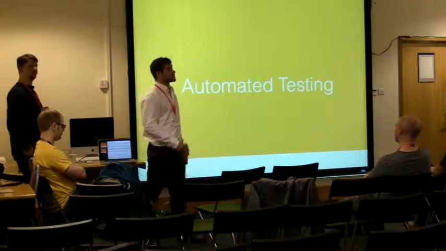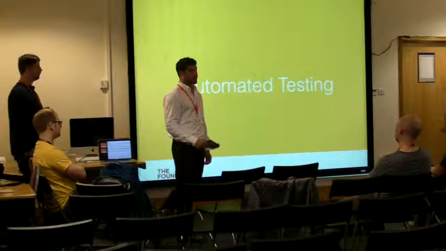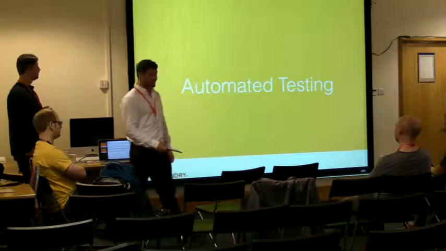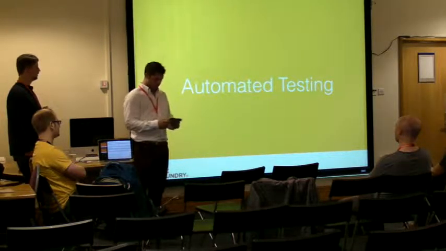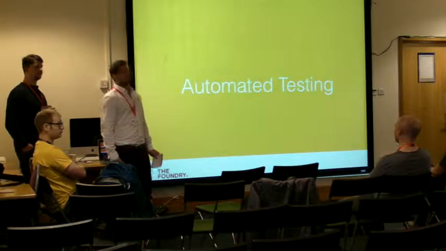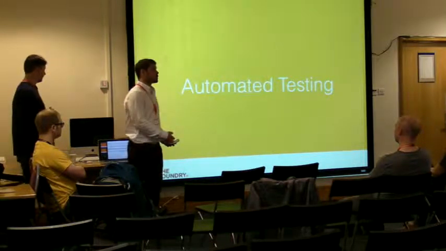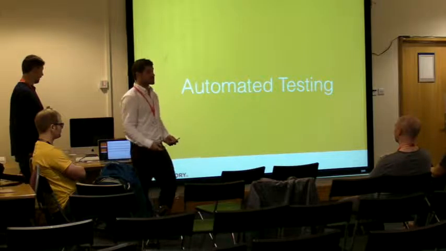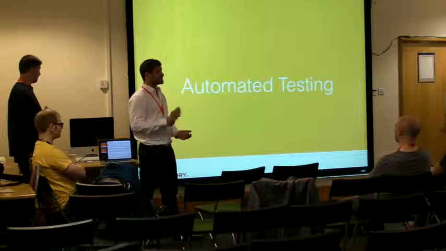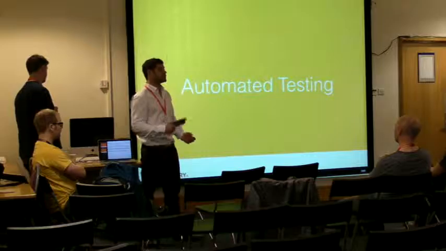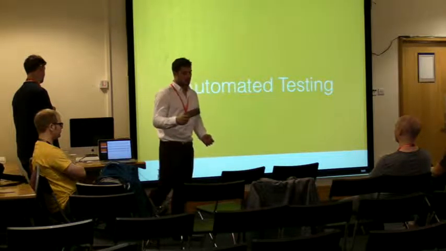We have around 3,000 tests which run each night. That takes about 10 hours. It's quite long. There's some variation across the platform. We also run a subset of 1,000 tests as a continuous test set as part of our continuous integration with Jenkins.